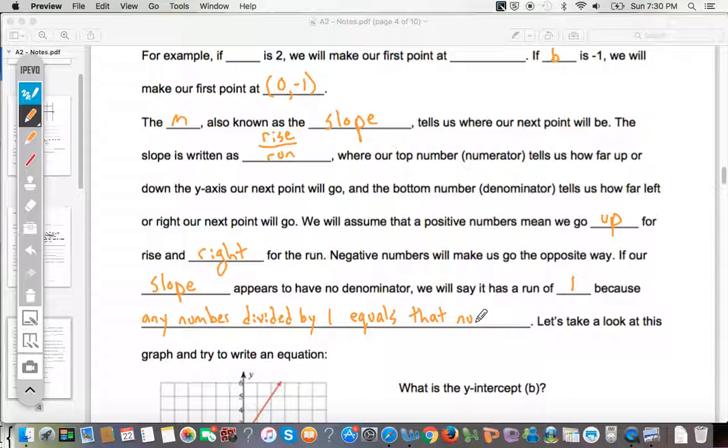So for example, if I had a slope of 4, we know that can also be written as 4 over 1, so we would go up 4 and to the right 1.